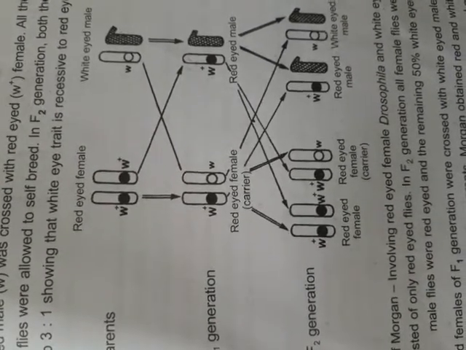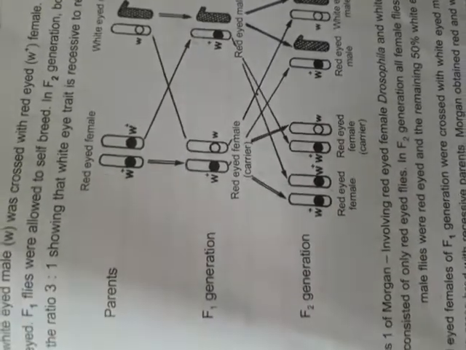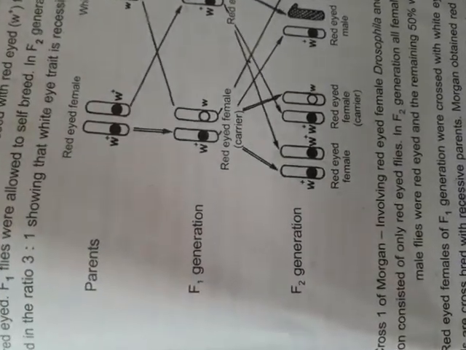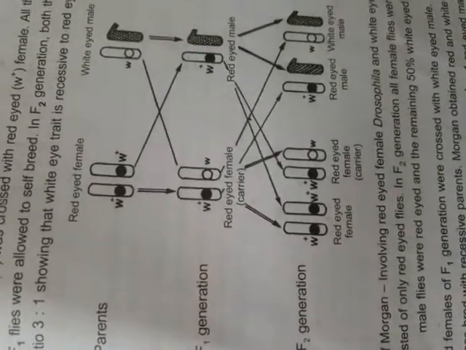In F2 generation, both traits of red and white appeared in the ratio of 3 to 1, that is, red eyed female carrier, red eyed male, white eyed male. This is cross 1 of Morgan involving red eyed female Drosophila and white eyed male Drosophila.